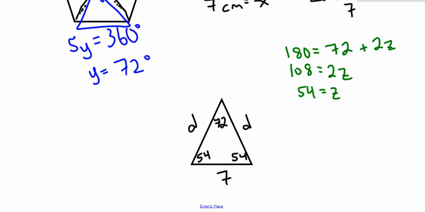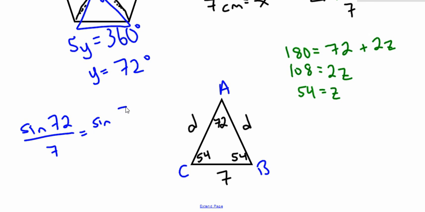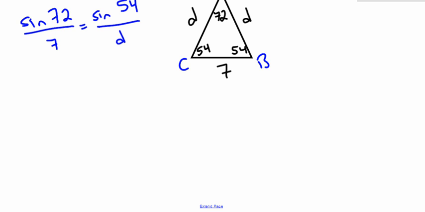Now, I haven't given any labels to this triangle, so I'm just going to go ahead and say ABC, just so that I can set up the sine law with some reference points. So I'm going to say that sine A over side A is sine B over side B, which is the distance. And now I just have to solve for D, and I'm done.